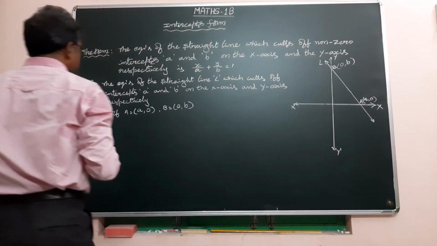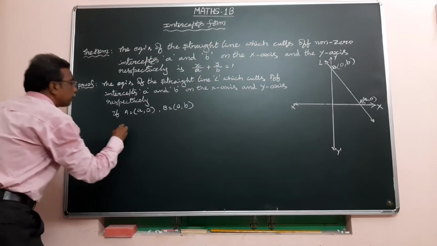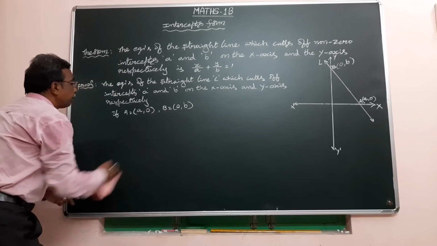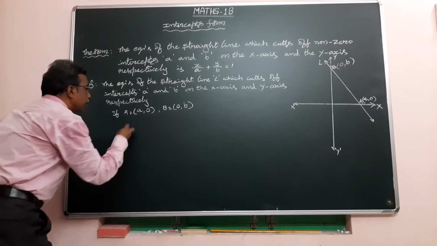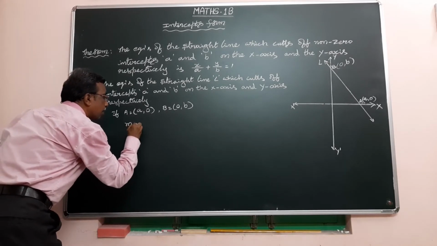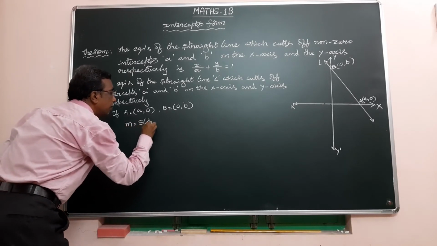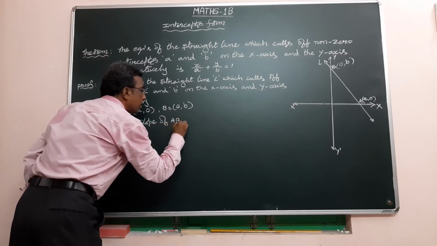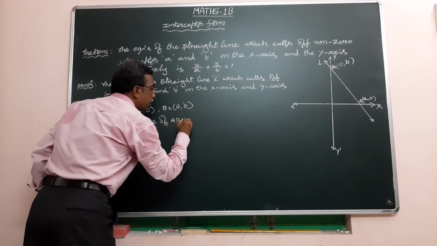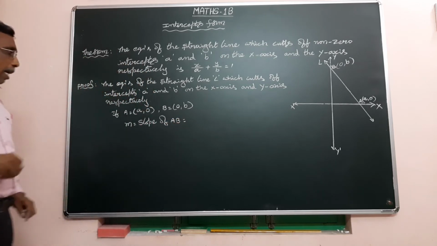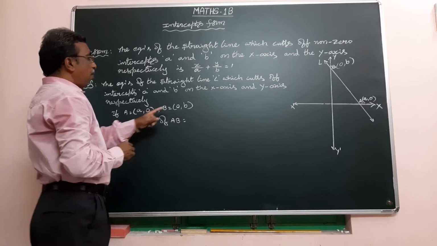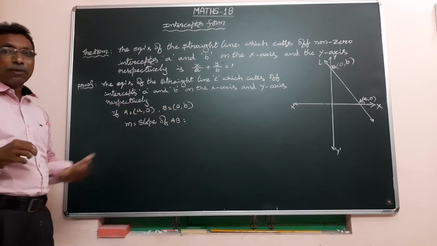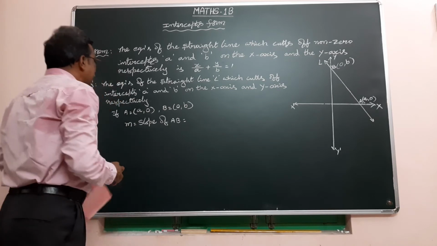Slope of L, m equal to slope of AB. What is the slope formula? Two point slope: y2 minus y1 by x2 minus x1.